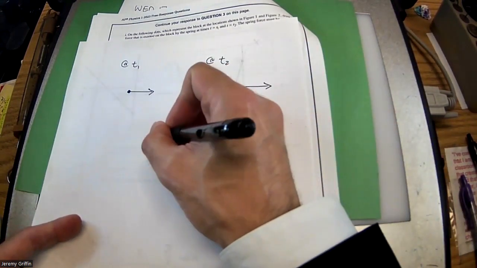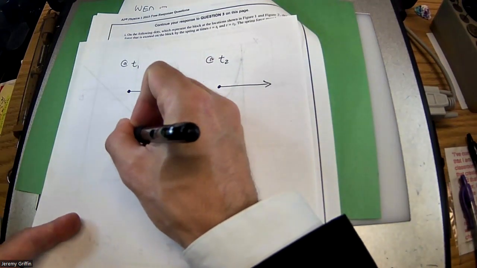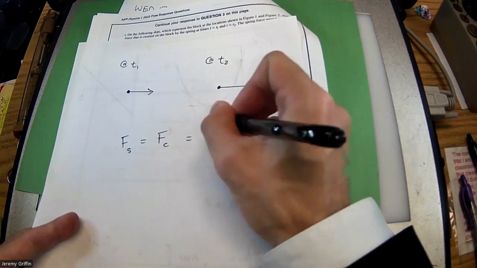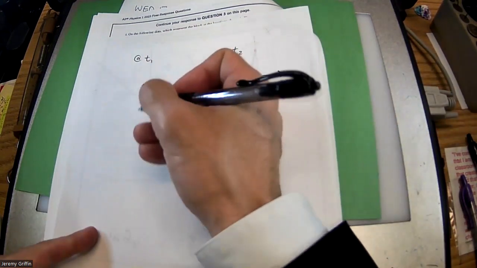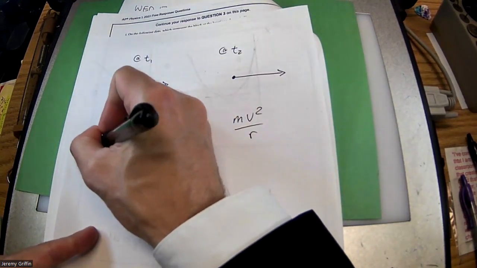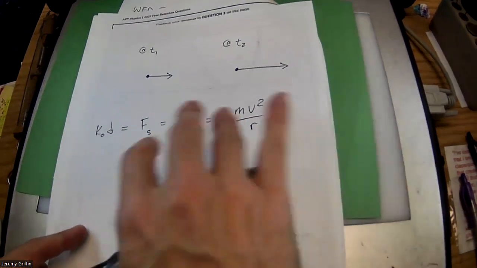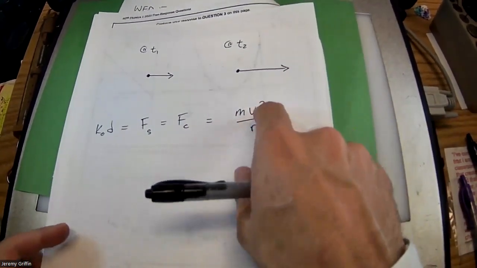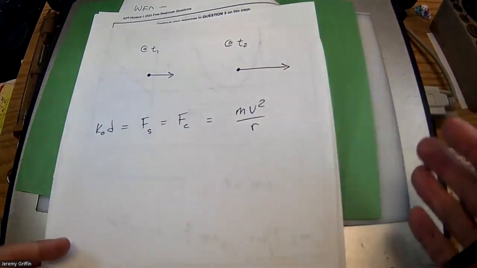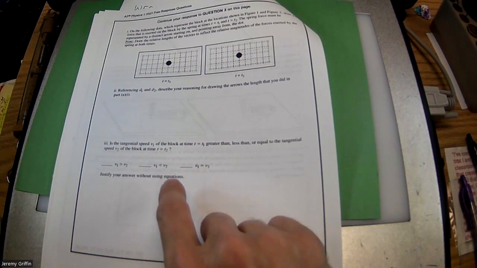I might bring in an equation like centripetal force, which in this case would be provided by the spring, equal to mv squared on r. Of course, you guys know that spring force is going to be k times d, so some version of that. This is going to enter in at some point. So you're spinning it faster, so the spring force is going to go up because centripetal force has to go up.